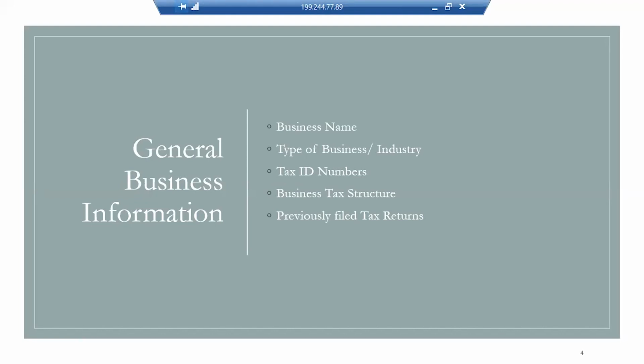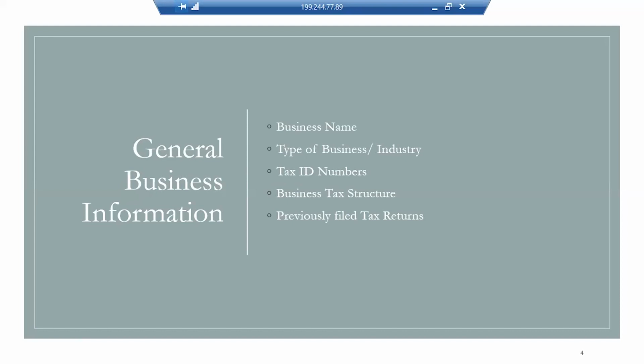So when I say general business information, what I'm really talking about there is I need to know a business name. If you have a federal ID number, you know what your legal business name is. If you have a doing business as name, types of business and industry that you're in. Like I mentioned a second ago, federal tax ID numbers, as well as their state tax ID numbers that come into play as well.